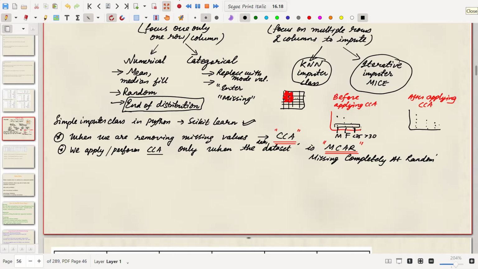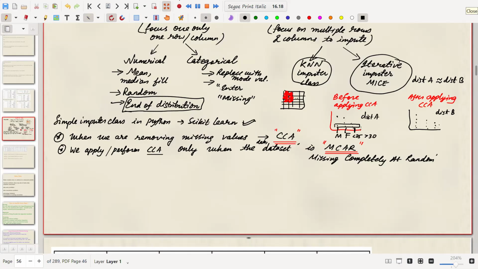This is distribution A, this is distribution B, then distribution A should be similar to distribution B. If it is not similar, then performing CCA is not a good idea. I hope that is quite clear.